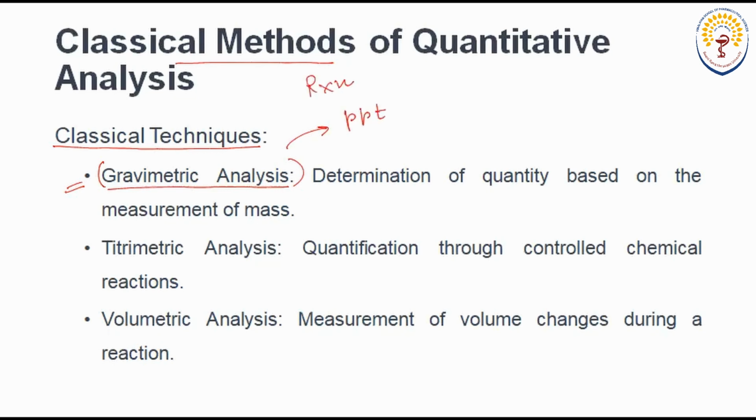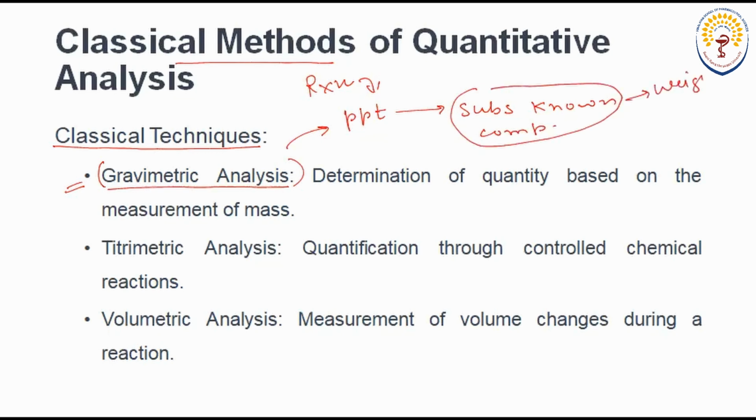There is a chemical reaction happening, you will get a precipitate, and then this precipitate is converted into a substance of known composition, and this substance is weighed. The weight of this substance is taken, and then we calculate the amount of analyte present in the sample.